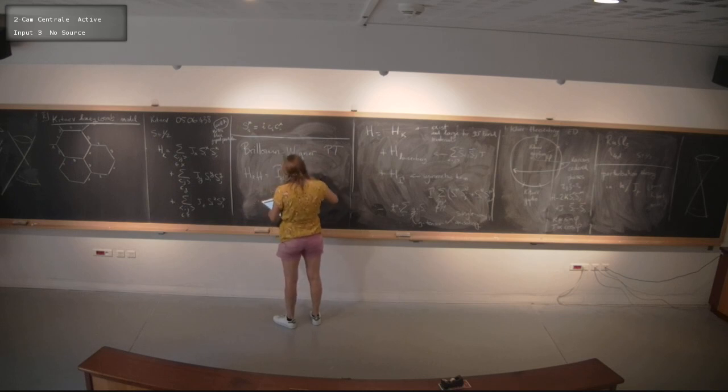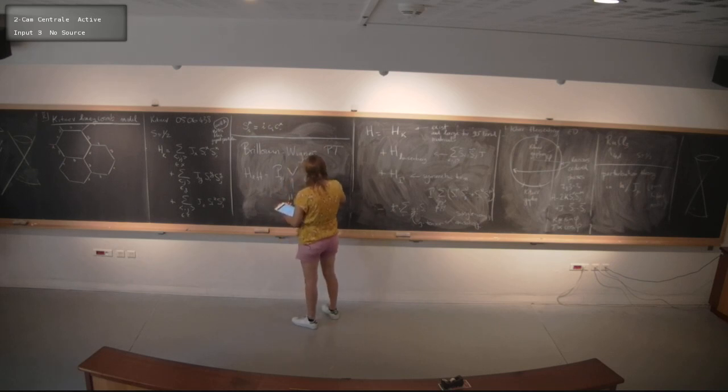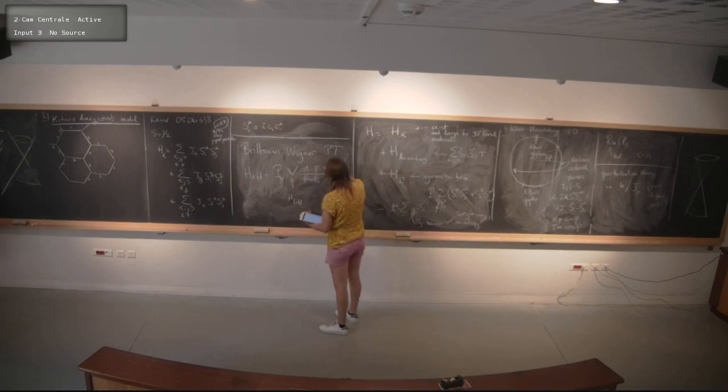And then basically it's 1 minus P over the energy of the state you're looking at minus the energy of the ground state, times V, times 1 minus P, times V again, times P in the ground states. This is all ground state.